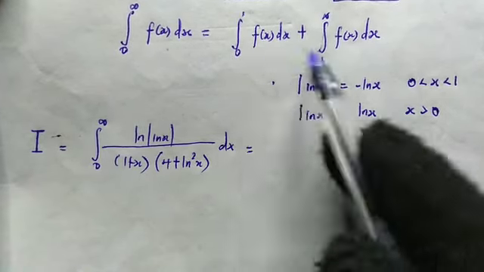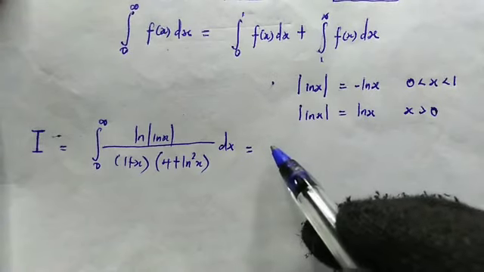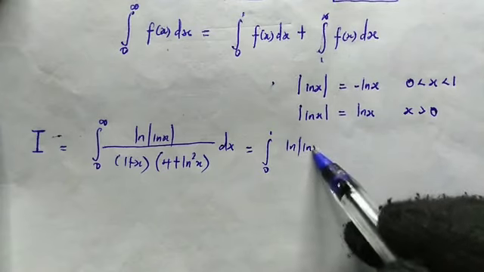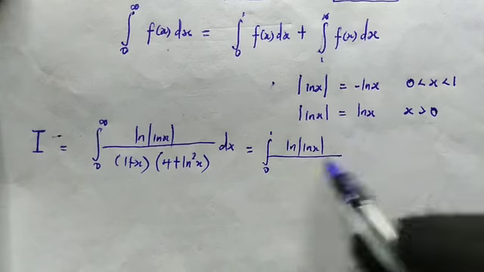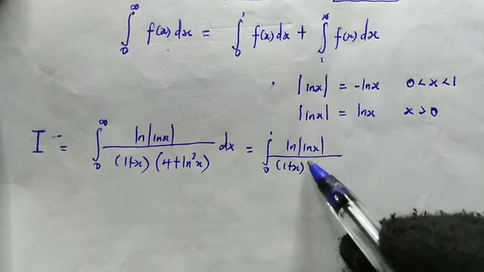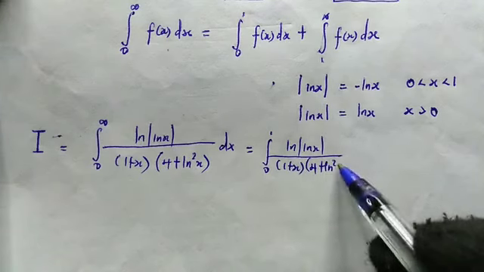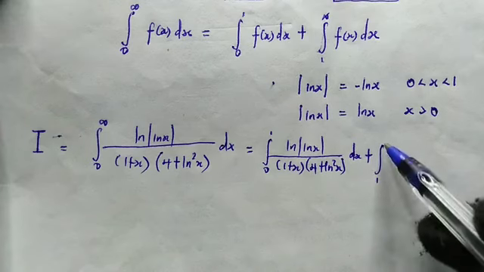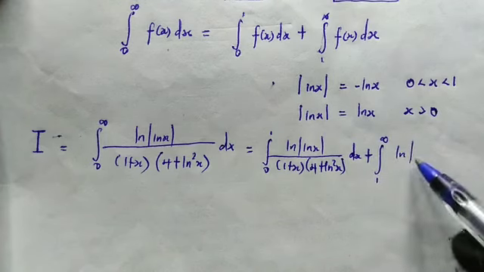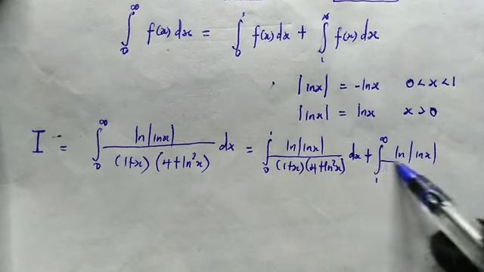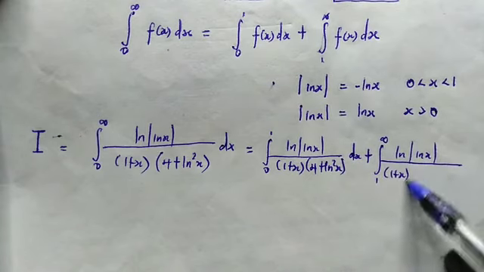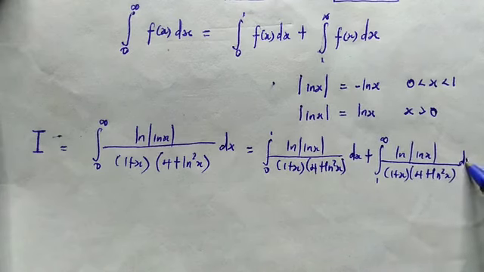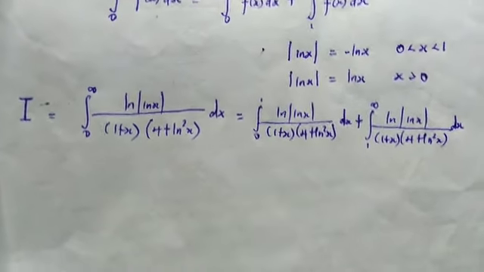And with the integral property here, we break this down as the integral from 0 to 1, the natural log of the absolute value of natural log of x all over (1 plus x) times (4 plus the natural log of x squared) dx, plus the integral from 1 to infinity, the natural log of the absolute value of natural log of x all over (1 plus x) times (4 plus the natural log of x squared) dx.